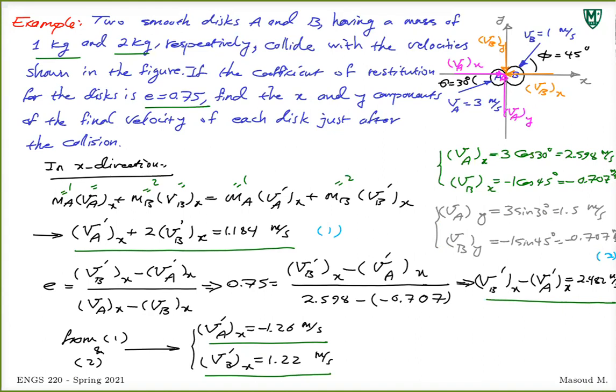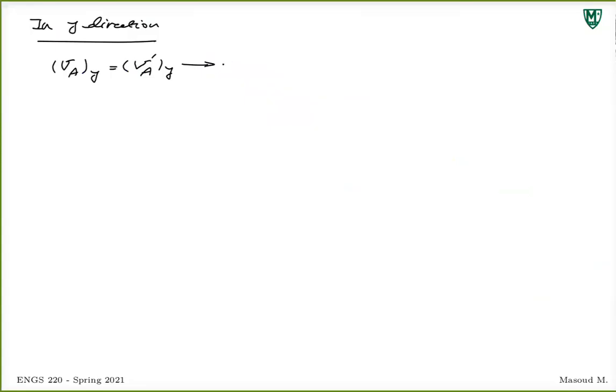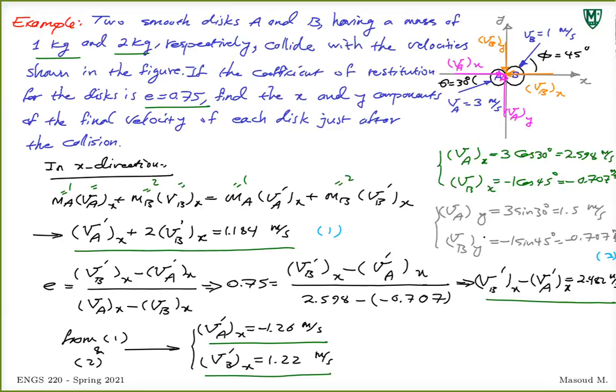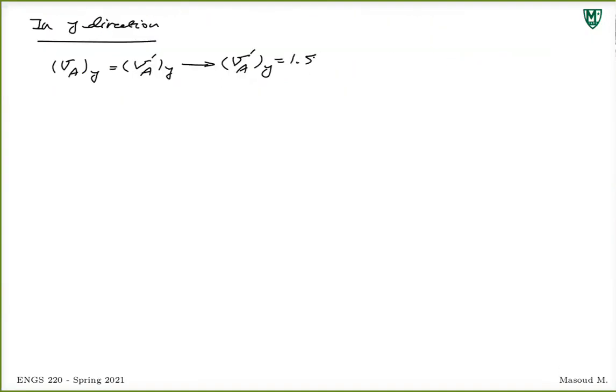All right. So since we know these, we know also the components of velocity after the impact. That means VA prime y is VAY, which is 1.5. It's positive.